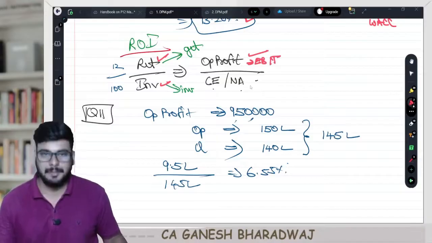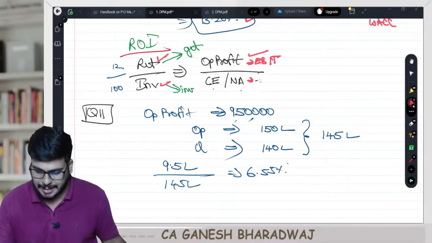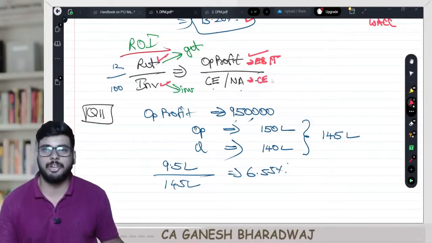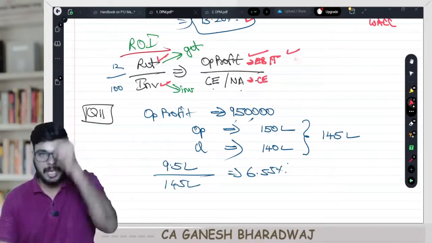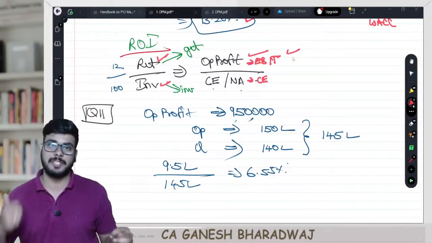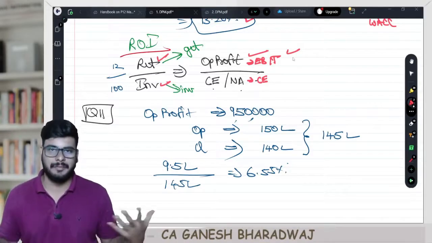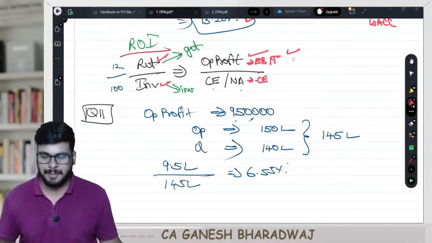EBIT divided by my capital employed, or in other words, the net assets. Capital employed or net assets. What I earn upon what I invest is called return on investment. Return on investment is another metric which we use to compare whether a particular division is performing better or not.